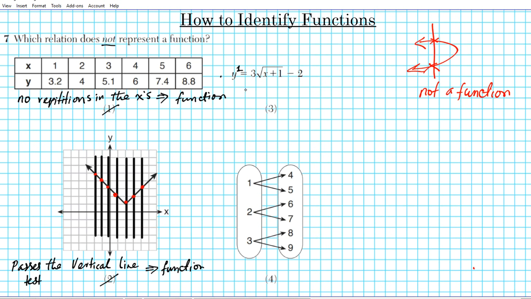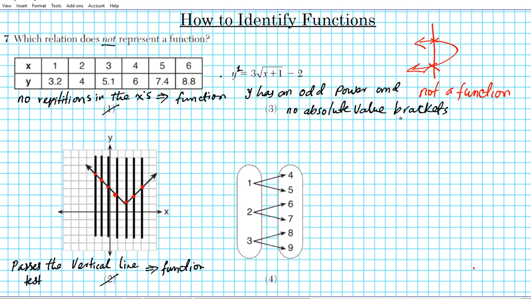So for 3, y has an odd power. If it has an even power, then it's not a function. Okay, y has an odd power and no absolute value brackets.